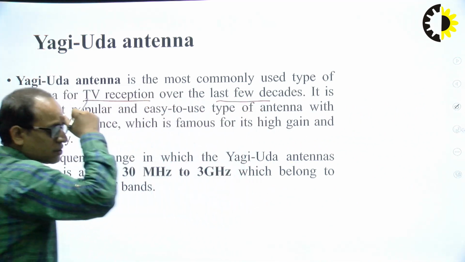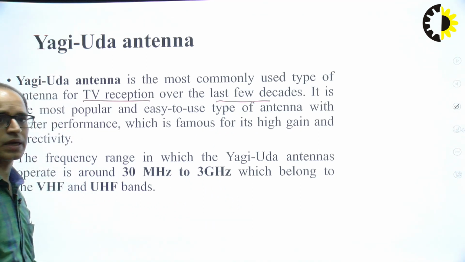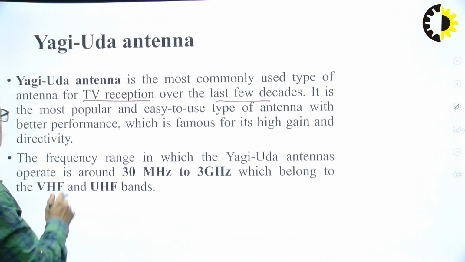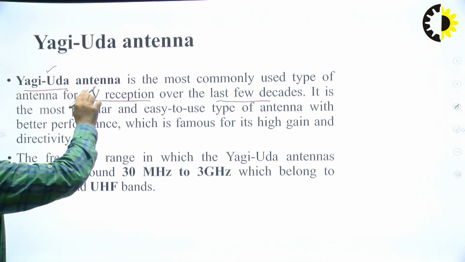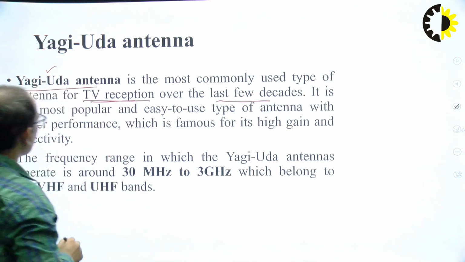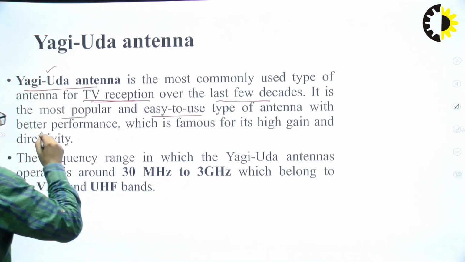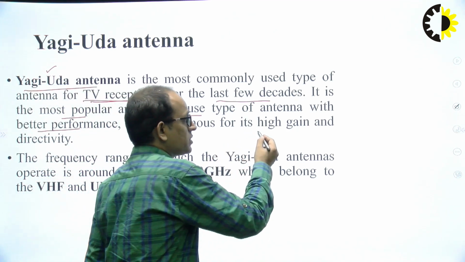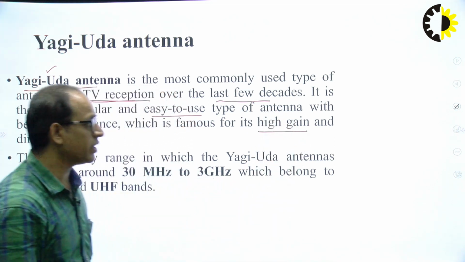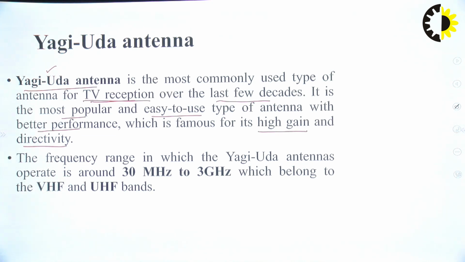Now for TV reception we are using parabolic antennas, but in earlier days these types of antennas were used for TV reception, and it was the most popular and easy to use antenna with better performance, described in terms of high gain and directivity.